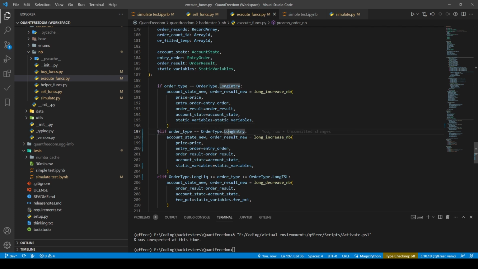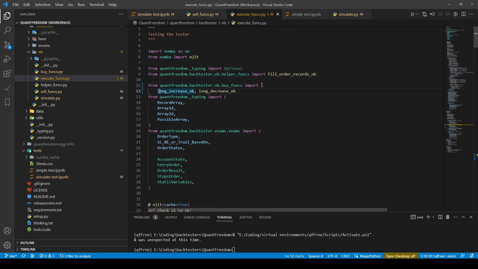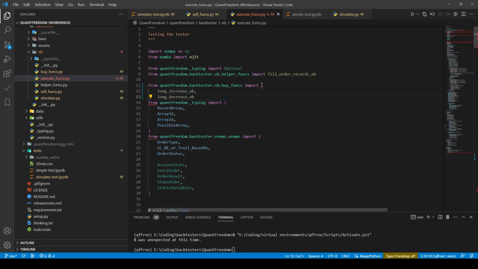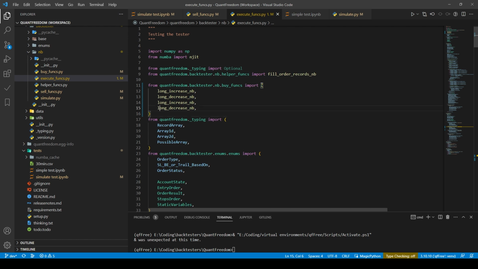If this is a short entry, do short entries. We'll also have to do this.